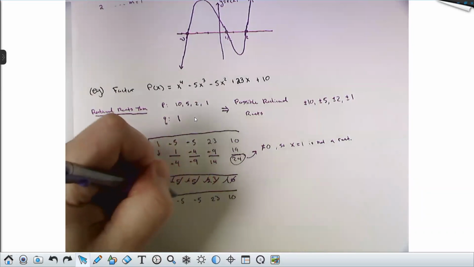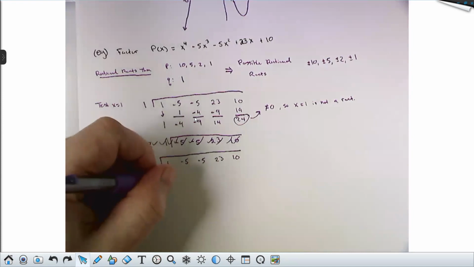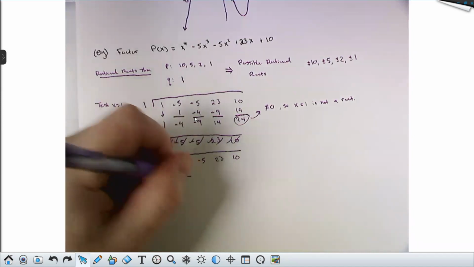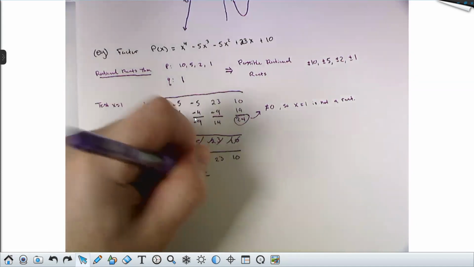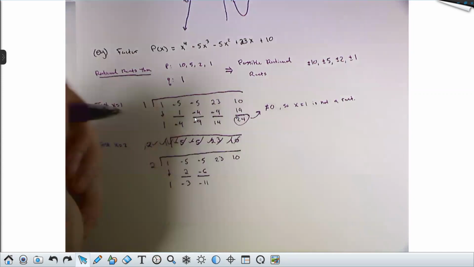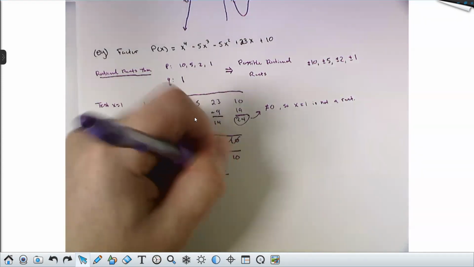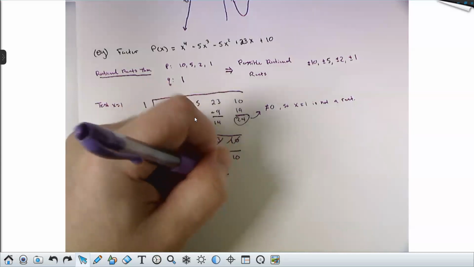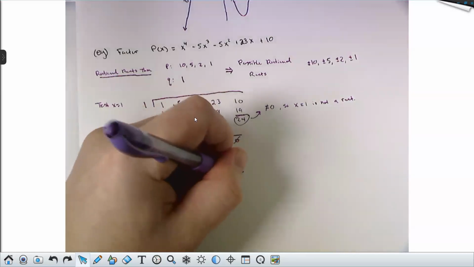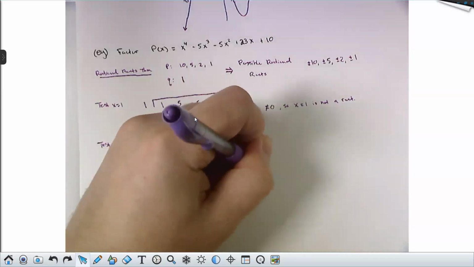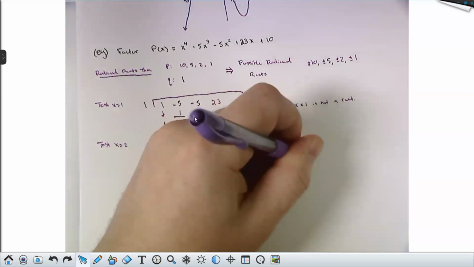There we go. So I bring this down. 2 times 1 is 2. Plus -5 is -3. 2 times -3 is -6. Plus -5 is -11. 2 times -11 is -22. Plus 23 is 1. 2 times 1 is 2. Plus 10 is 12. So again, not equal to 0. So x equals 2 is not a root.